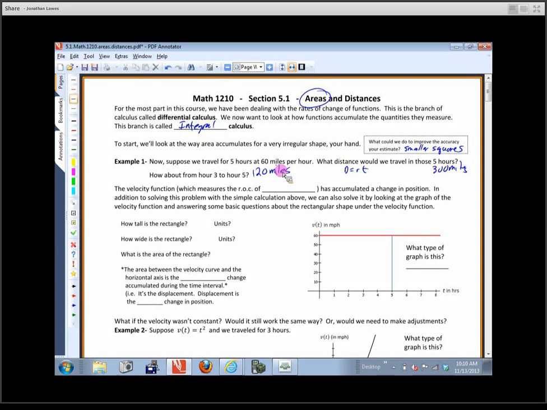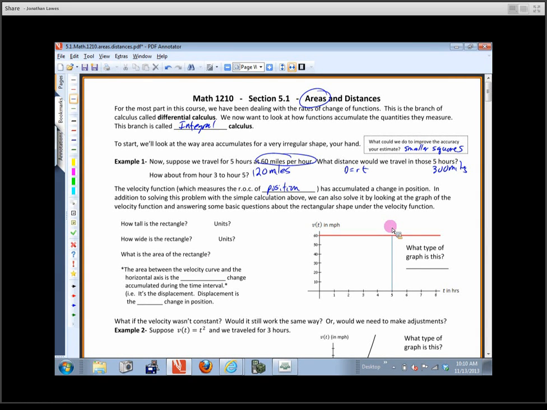So this thing right here, this velocity right here, or this information about 60 miles per hour, it tells us how fast we're going. The entire time we were going 60 miles per hour. So if we thought of that as a function, as a velocity function, it's a constant. We're always going 60 miles per hour. So the velocity, which measures rate of change of position, has accumulated a change in position.